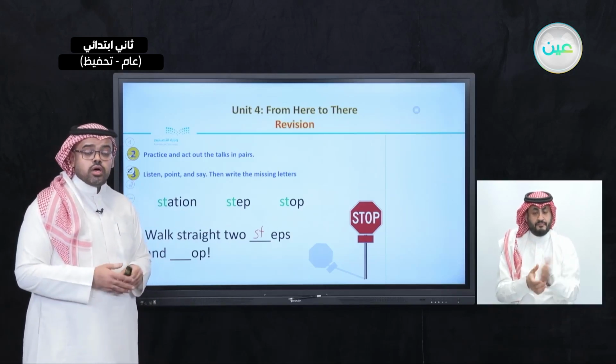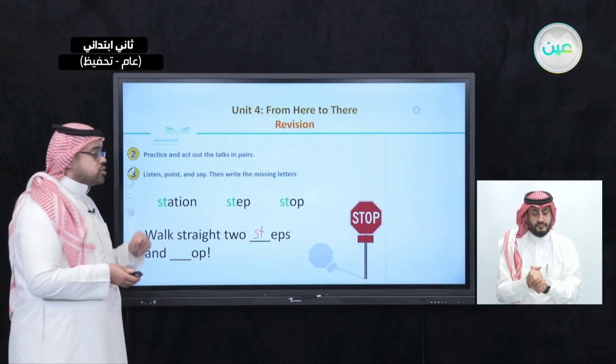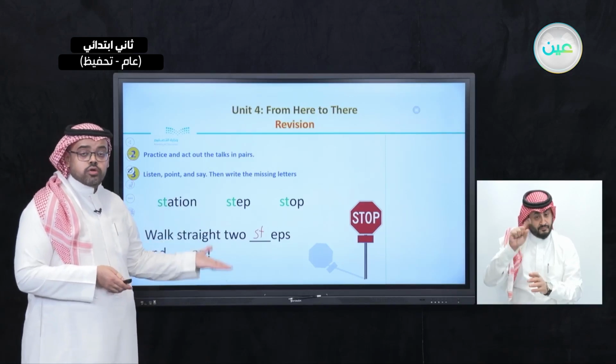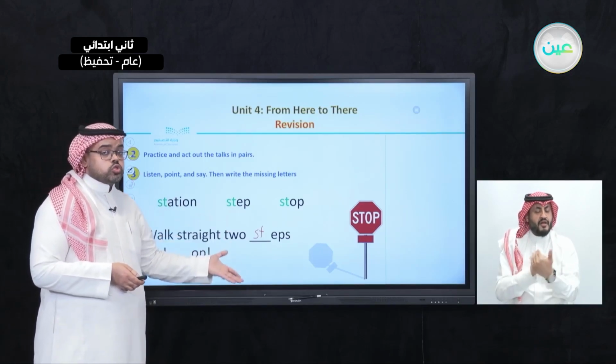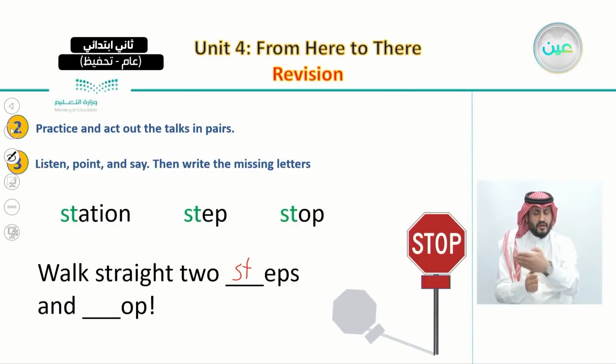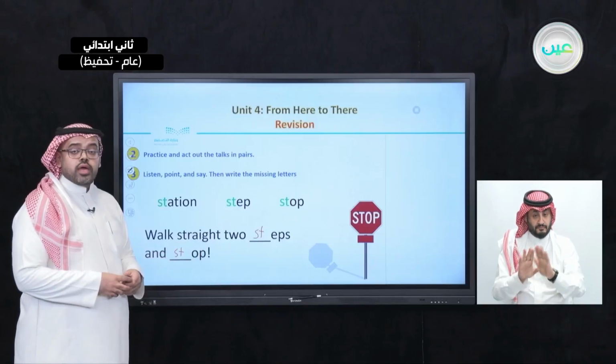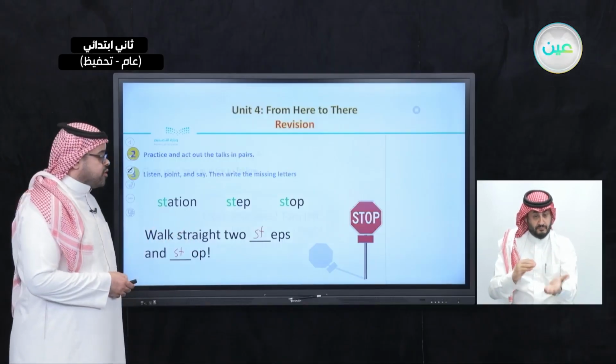Why is it important that we learn these words? Because we're going to use them when we give directions. So here you go, this is how we answered this exercise.